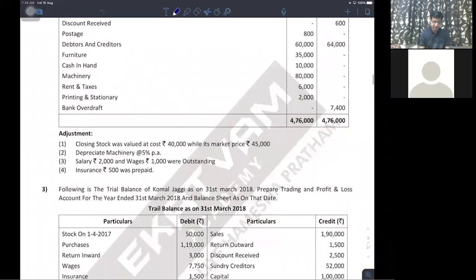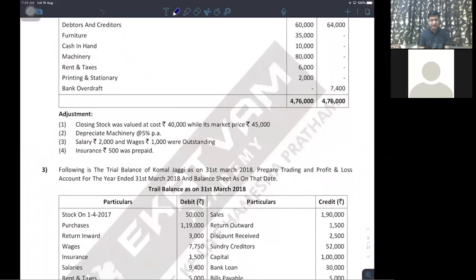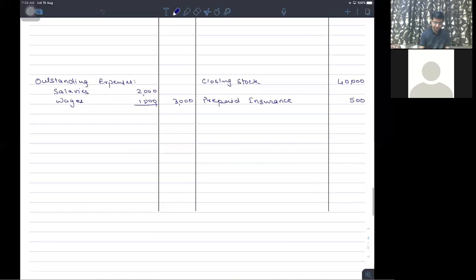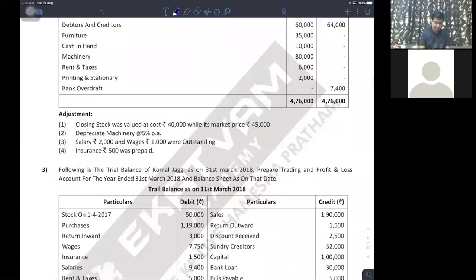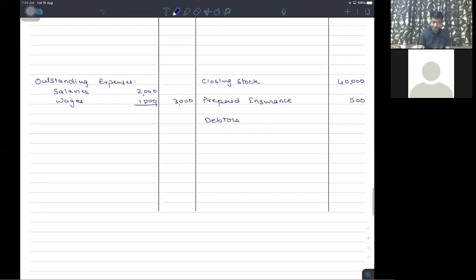Next is debtors and creditors. Debtors will go into the balance sheet asset side and creditors will go into the balance sheet liability side. Asset side, debtors 60,000, creditors 64,000.